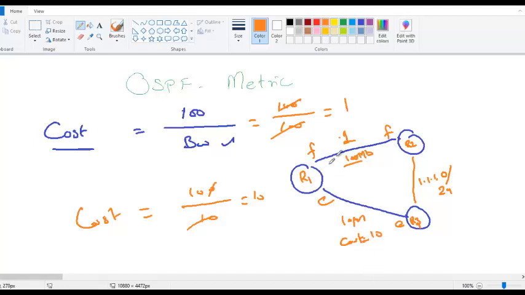Now OSPF will decide to go this path because it's cheaper. This one is costly. So far, do you have any question, Joseph? No, sir. Okay.